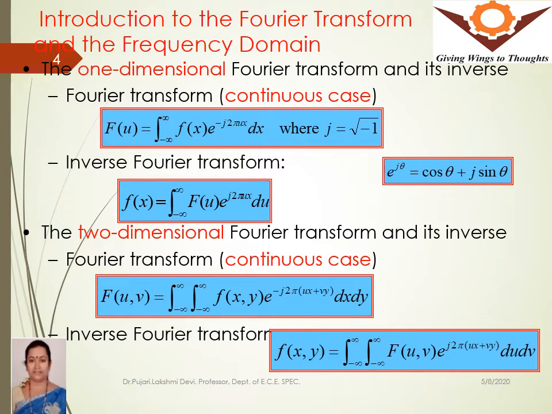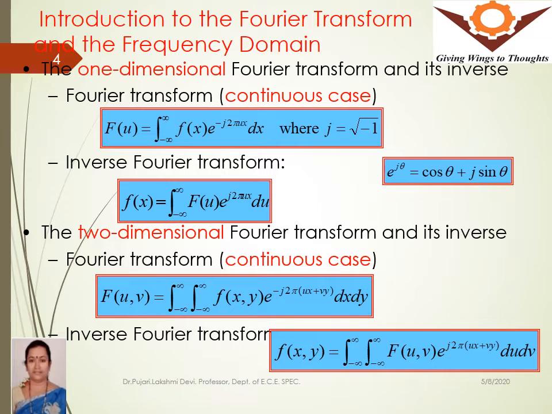This f of x is a continuous one-dimensional signal. F of u is the Fourier transform of that one-dimensional signal f of x. Then the inverse Fourier transform is f of x equals integral from minus infinity to plus infinity of F of u exponential of j 2 pi ux du.